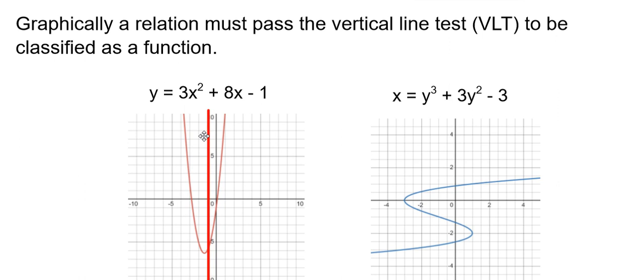Notice as I pass it along, it's only ever touching that vertical line in one spot at a time. So this passes the vertical line test, and therefore this is a function.